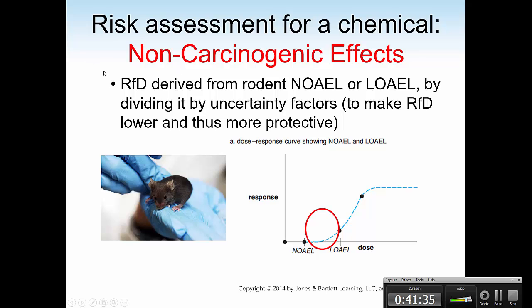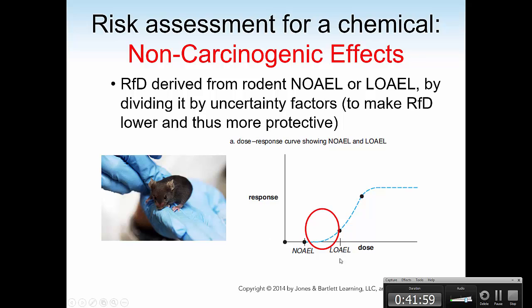So when it comes to your RFD, how can you get this from your rodents, from a dose response? If you remember when we talked about the dose response curves before, you had the NOAEL, no effect, and the LOAEL, low effect.